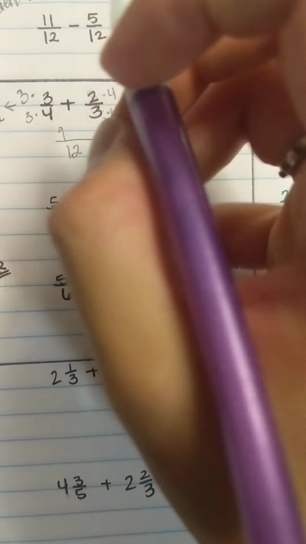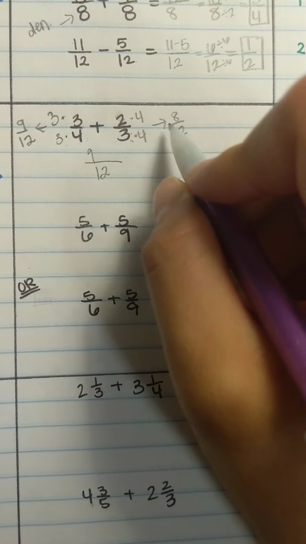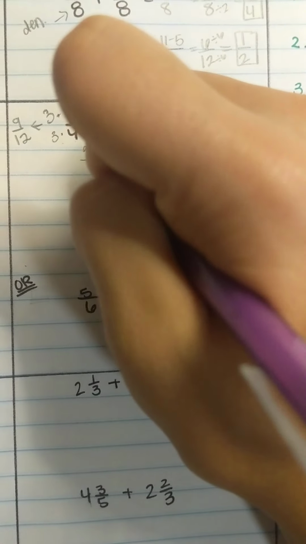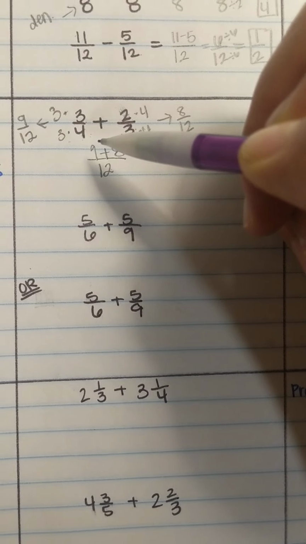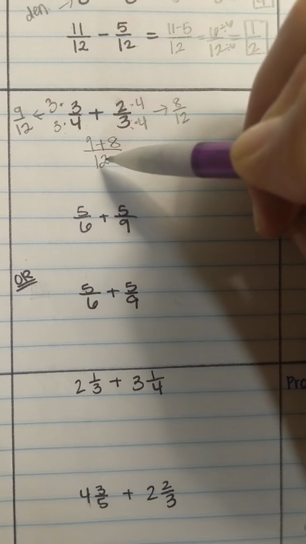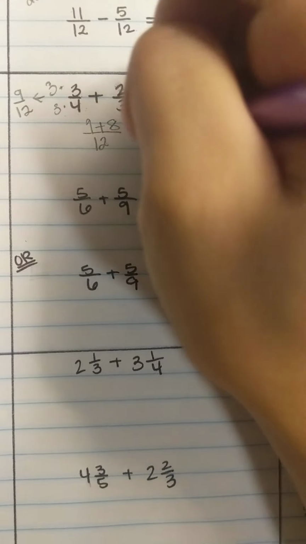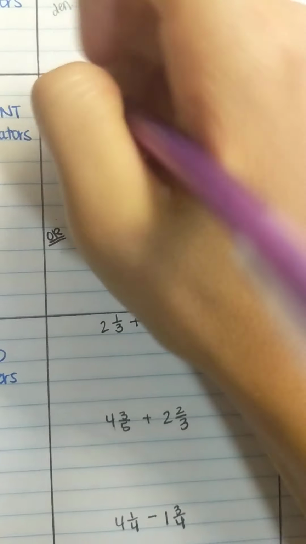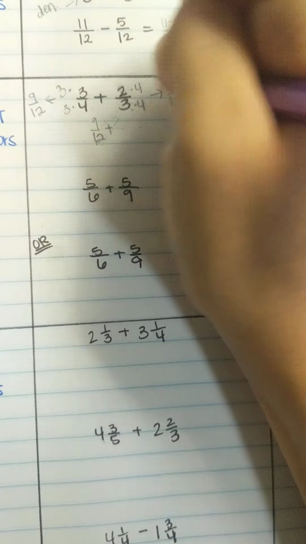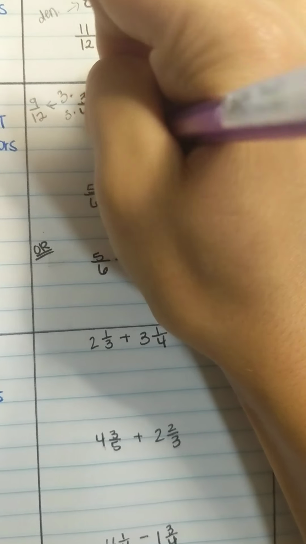When we add these fractions, we're just adding the numerators. So that's 9 plus 8 in my numerator, and the denominator, 12, stays the same. If you want to see what that looks like broken apart, that's 9/12 plus 8/12.